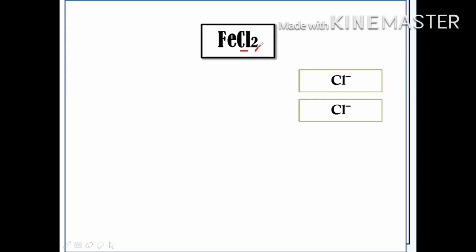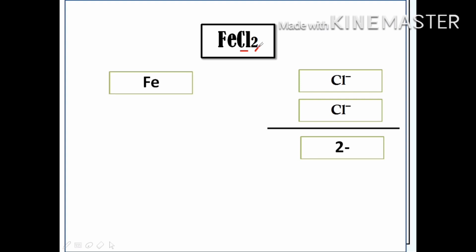So, the total negative charge is 2 minus. And since there is only one atom of iron present in the compound, this means that iron should be carrying a charge that is equal to the total charge of the anion. Therefore, the charge of iron is, right, it's 2 plus.